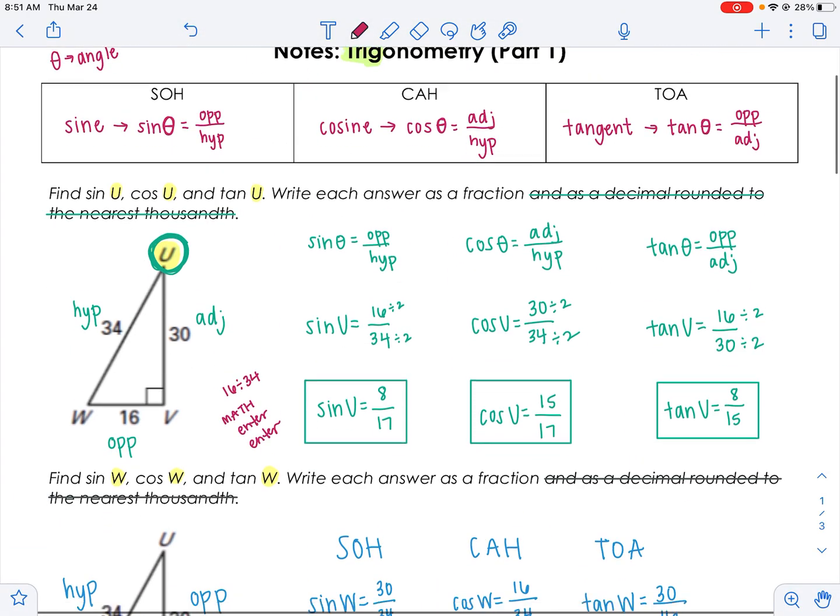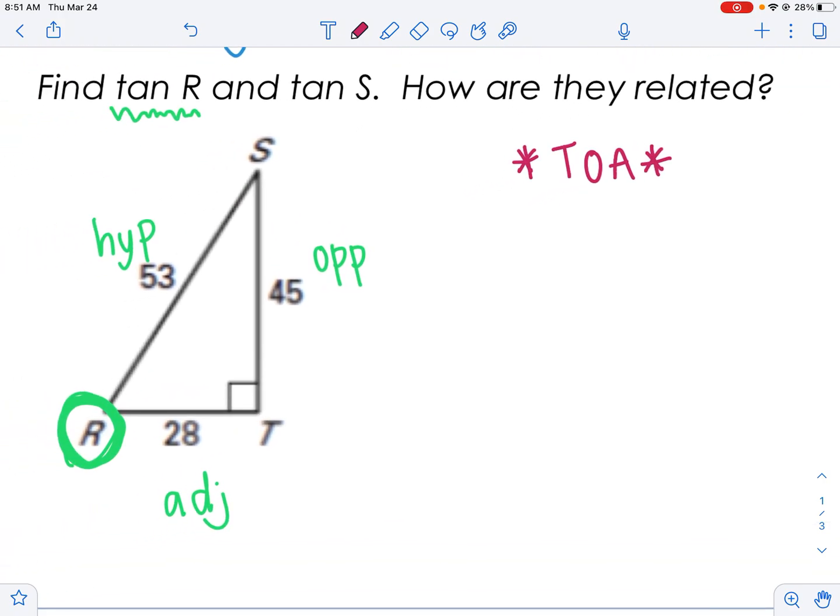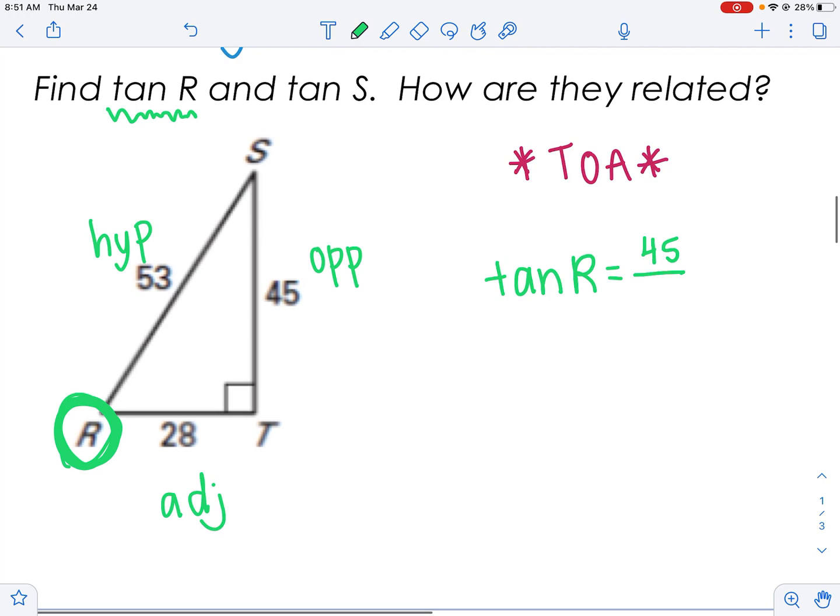And if you remember our tangent formula, you can reference it, go back up to the top, or just remember tangent was TOA. So tangent, TOA, is opposite over adjacent. So the tangent of R is opposite, which is 45 over 28.